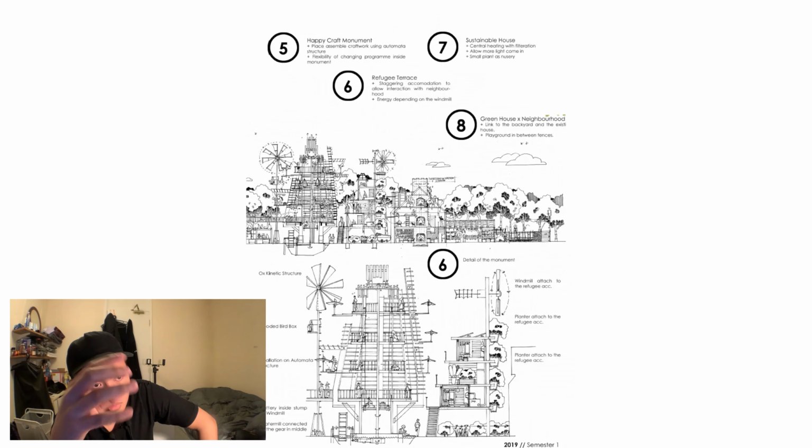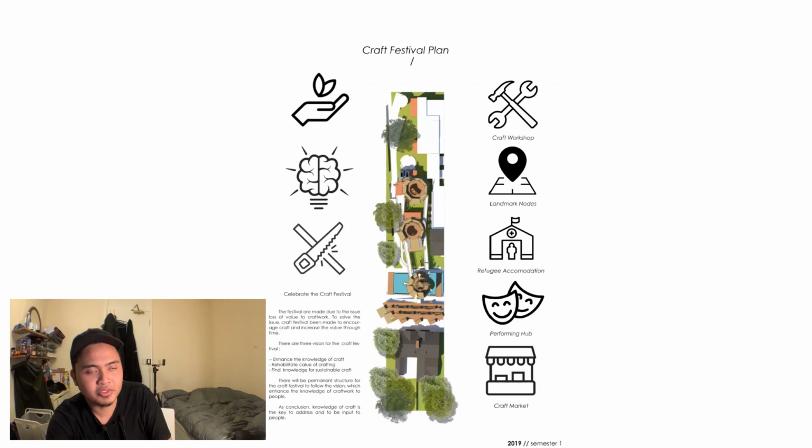Below is the structure for display, and also the refugee accommodation, continuing to develop the previous design on that side. So this is the plan, where there is a craft workshop, landmark nodes, refugee accommodation, performing hub, and also a craft market. And this is the axonometric and perspective of the site.